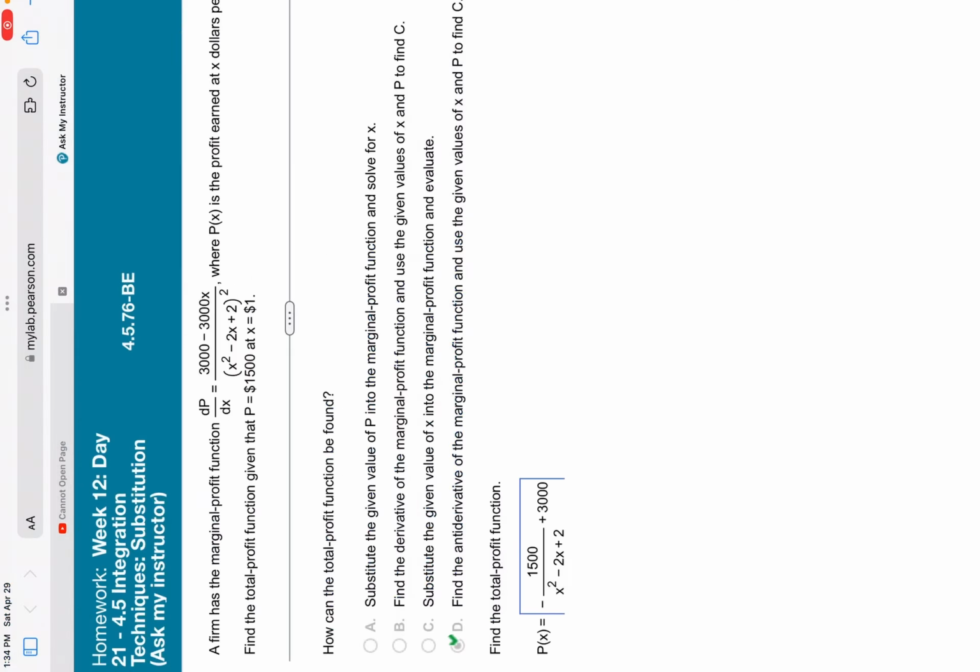The 3,000 looks like it's gone, and the negative is gone, and I think this is exactly what we got. Let's submit this result. Oh no, it's already over. That means that was correct.